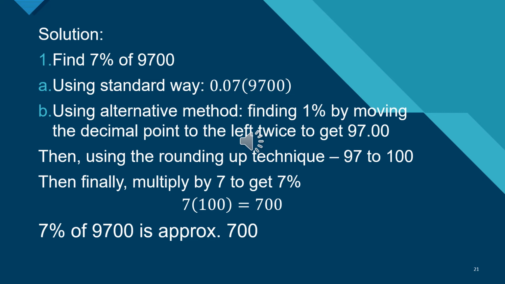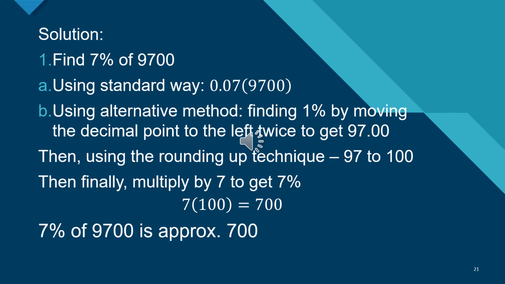Another is doing an alternative way or technique. First, by finding the 1% of 9,700. Now, to find 1%, we simply move the decimal point from right to left twice. Since it's 1%, we move it twice to the left to get 97. And next is to round up 97 to 100.